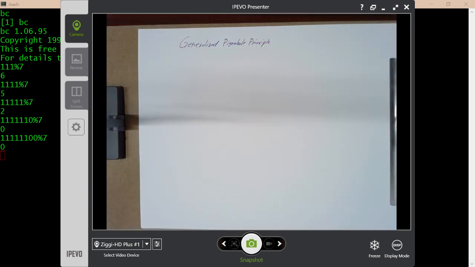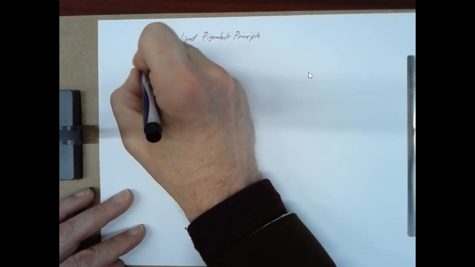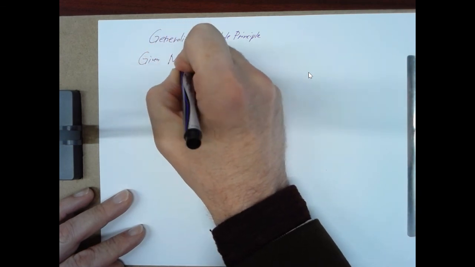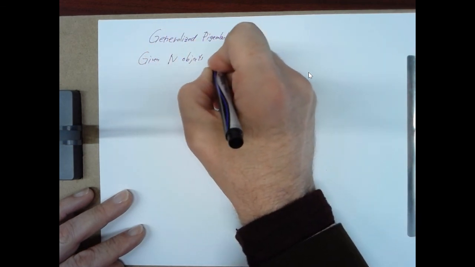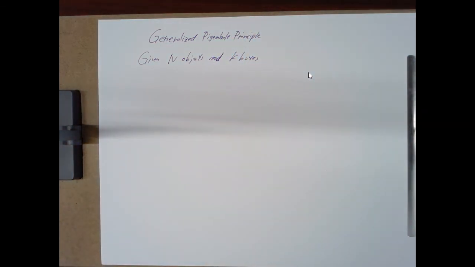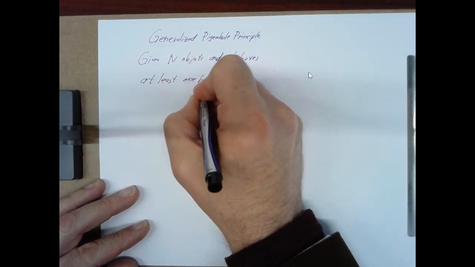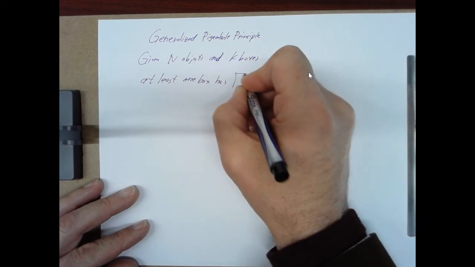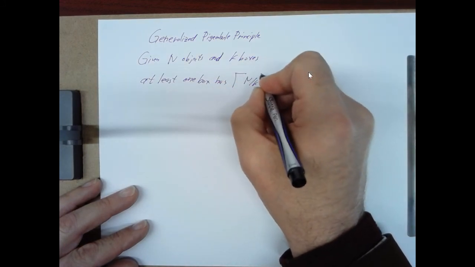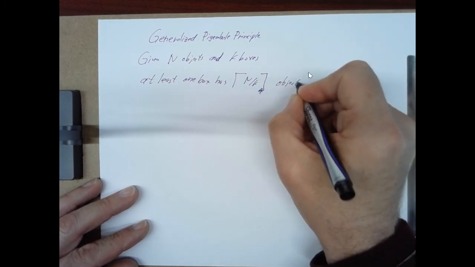All right, so let's look at the generalized version of this. So given n objects and k boxes, at least one box has what we call the ceiling of n over k objects.